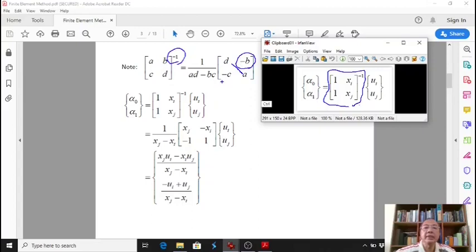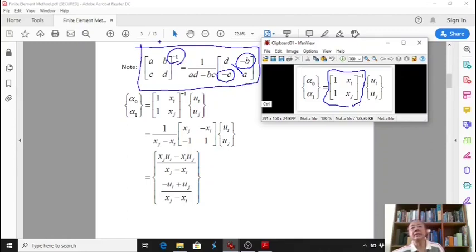So minus B here and minus C. So this is the formula of the inverse of a 2 times 2 matrix. You learned this in secondary school. So come back to this equation.